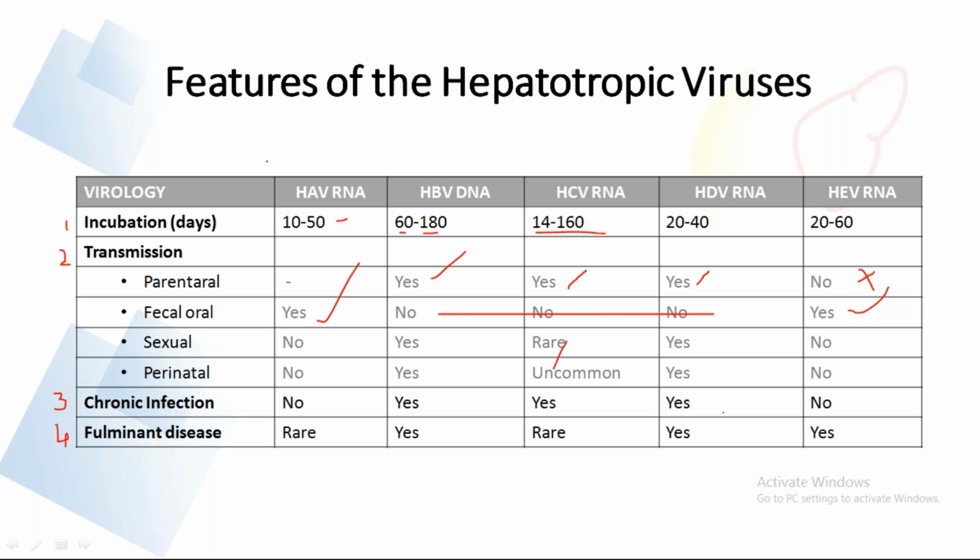So A and E transmission and duration are almost similar. Now vertical transmission, perinatal transmission, is possible with B and D. B and D are almost similar in transmission. C is technically possible, but not known at all. So A and E are not transmitted perinatally.